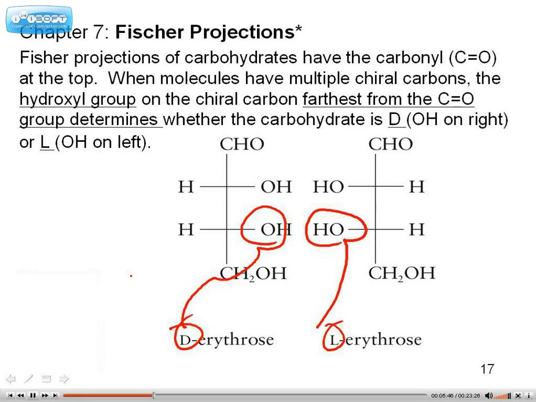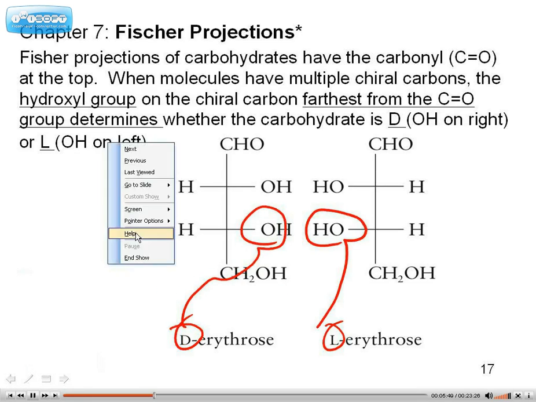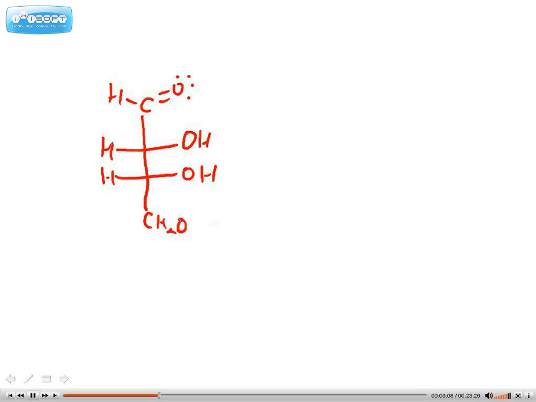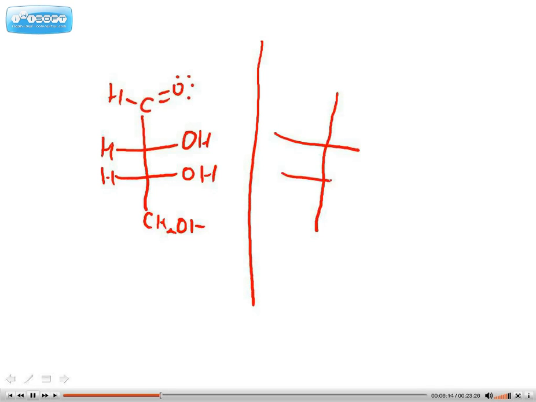Now, let's go ahead and practice a little more. Here we have a Fischer projection. Here is its mirror image. Very easy to make.